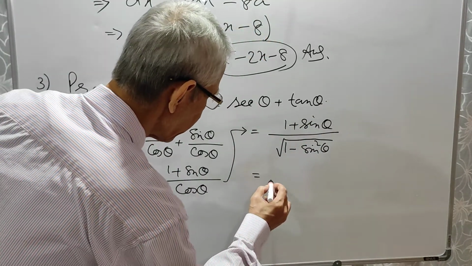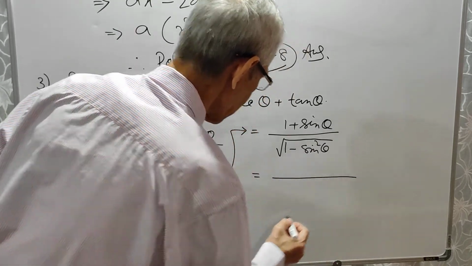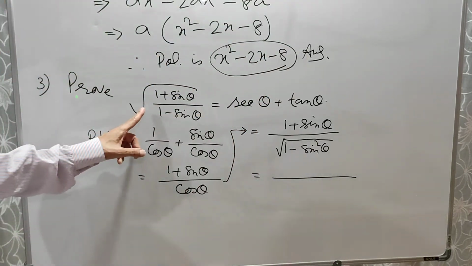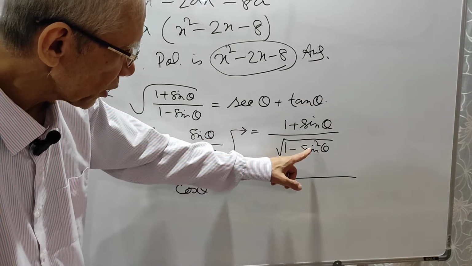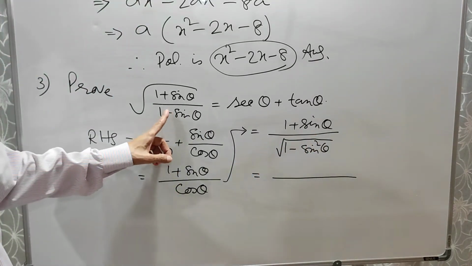Now doing it further. Okay, now you see, in the denominator we need root over 1 minus sine theta, but we have root over 1 minus sine square theta.